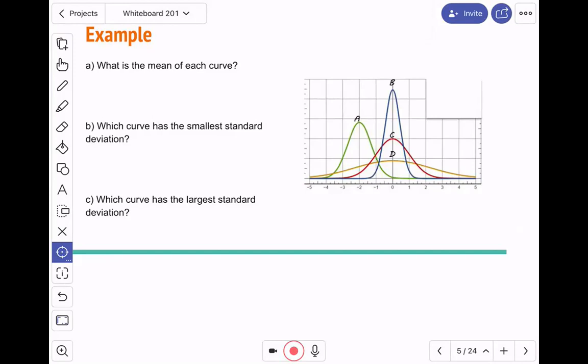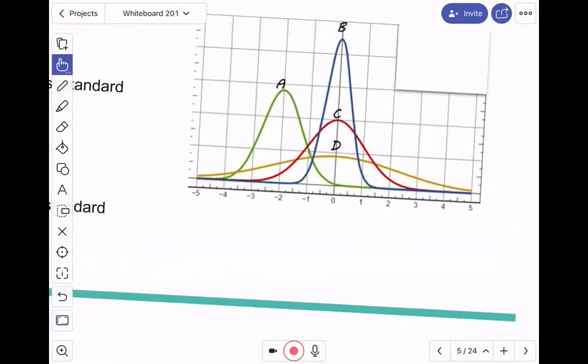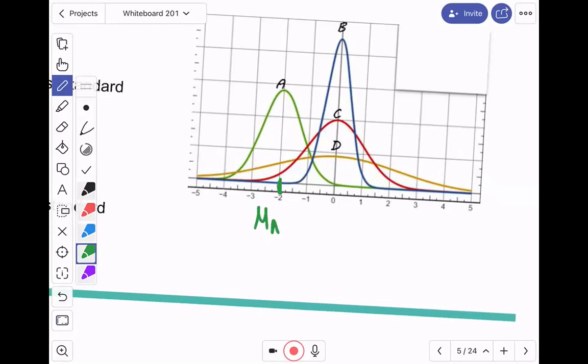So the first question says, what is the mean of each curve? What is the mean of curve A? -2. Thank you so much. So curve A sits here, and mu of A is equal to -2. What is the mean of curve B? 0.